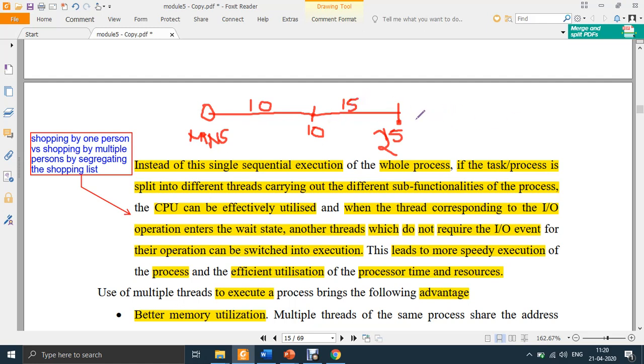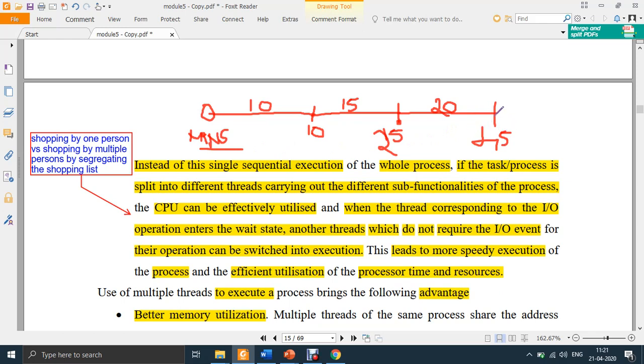Now after procuring the ration, let's say it will take another 20 minutes for him to go and procure the vegetables. So it is 25 plus 20, 45. Totally 45 minutes since he left the house. So he has procured the vegetables.